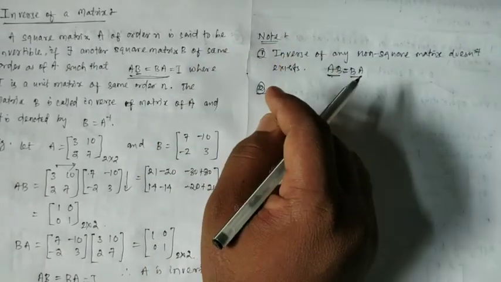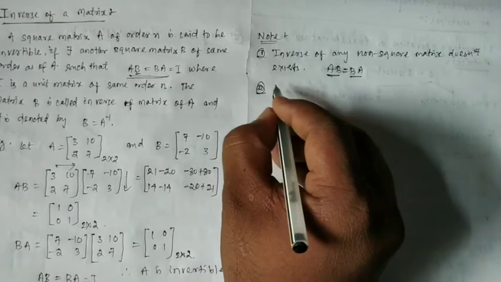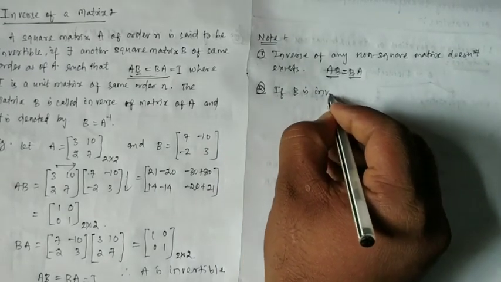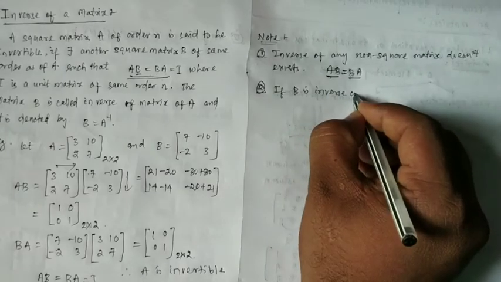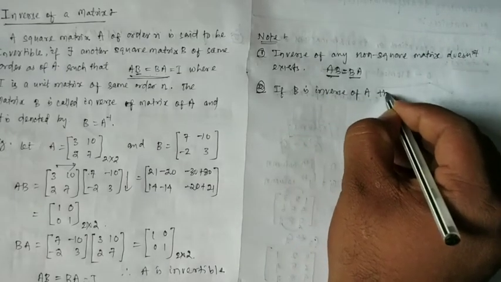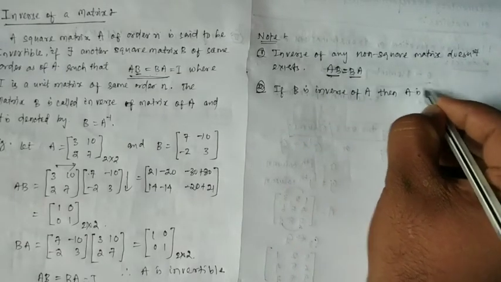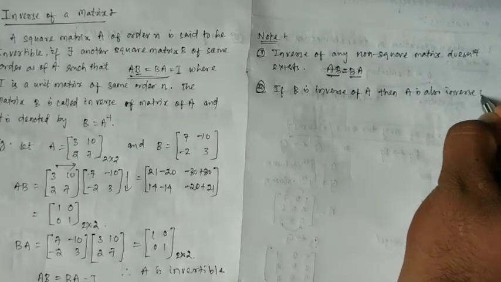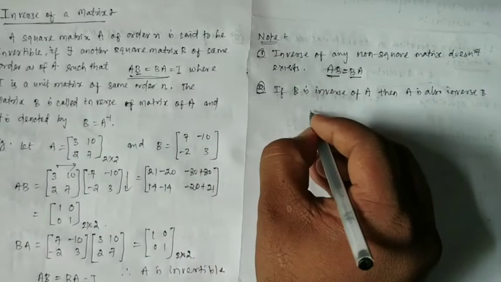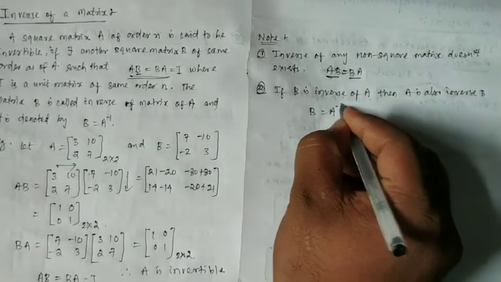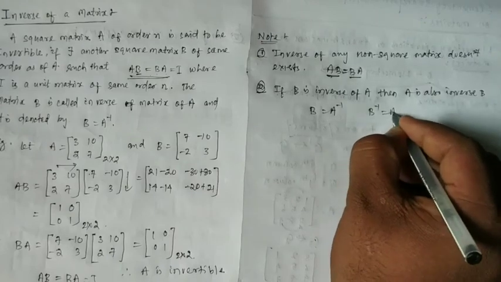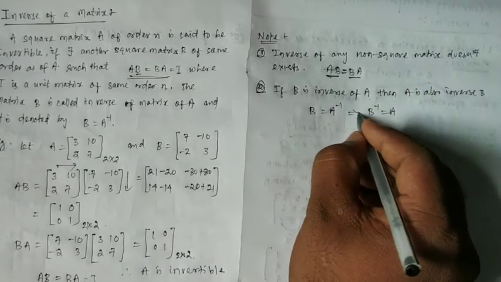Second one is, if B is the inverse of A, then A is also the inverse of B. That means if B equal to A inverse, then we can also say that B inverse equal to A here.